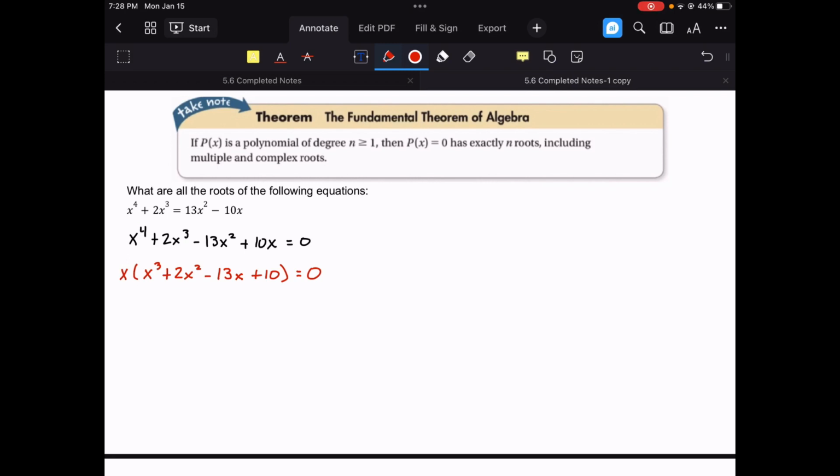Right now I already know that one of my zeros is x equals 0 for this first quantity. So there's one of my answers. What I'm left with is trying to solve the remaining polynomial, x cubed plus 2x squared minus 13x plus 10 equals 0.